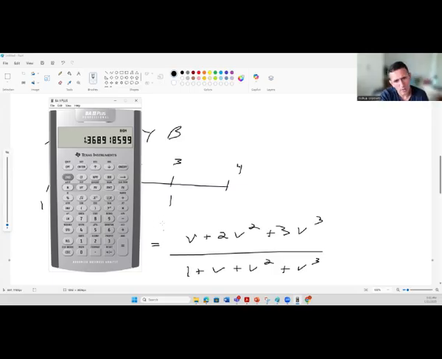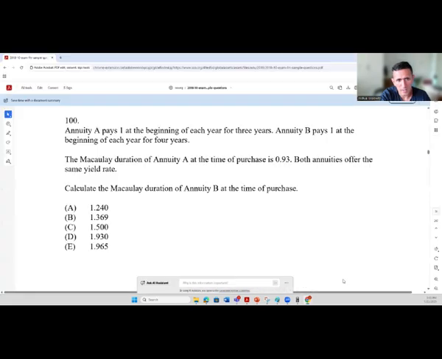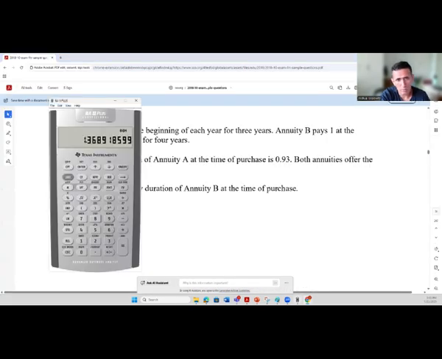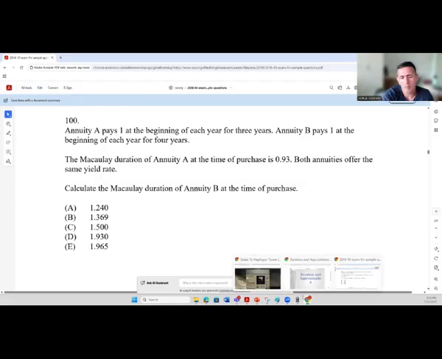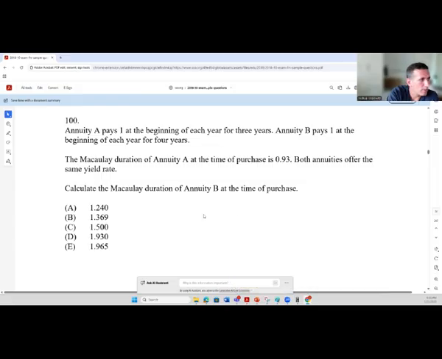So now, roughly 1.37, or 1.369. It's really annoying because the degree of accuracy on exam FM changes wildly from problem to problem. Some problems will get very accurate answers, some won't. It should be consistent. What are you going to do?